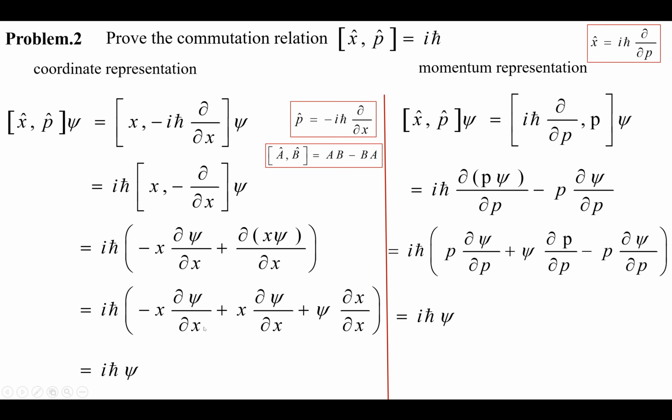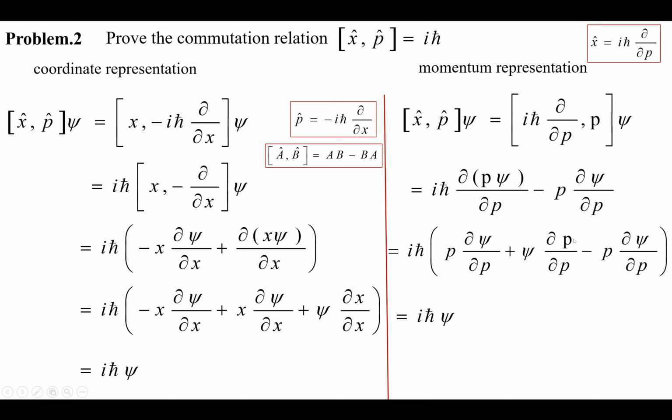Now look at the first term and the second term, both are the same, so we can cancel out. And the third term, dx/dx, will be 1, and we will have psi alone. So I get iħ psi. So this is by means of coordinate representation.